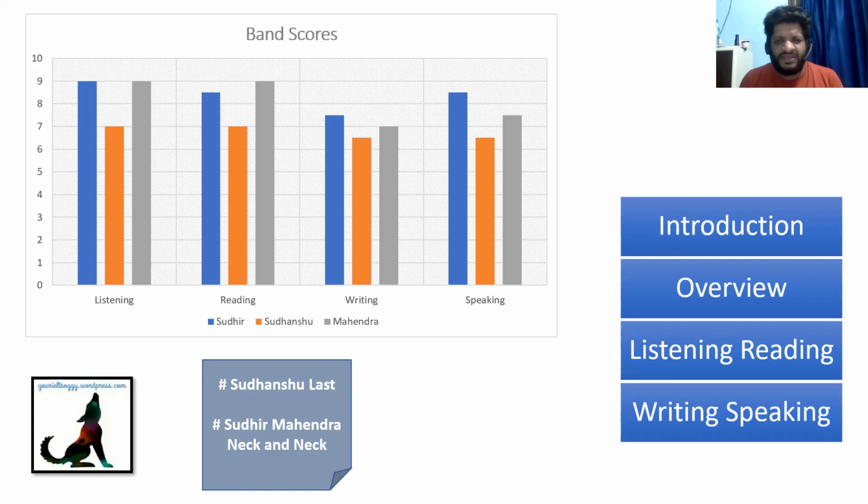But even when one is ahead of the other, it's all about very minor differences, maybe 0.5 or something. So you can see their competition is neck and neck. It's not neck to neck, remember. It's neck and neck. It's very close. So the two features you can write in the overview are that Sudhanshu is or was the last in each of the categories, and Sudhir and Mahendra competed or compete neck and neck.